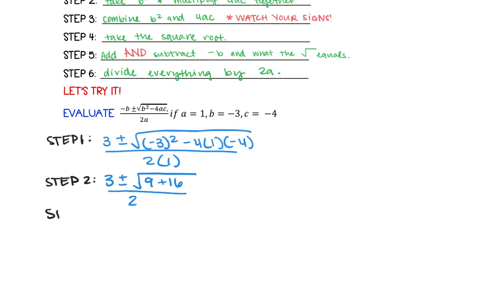All right, step 3. Now we combine b squared and 4ac, making sure that we watch our signs, okay? So we have 3 plus or minus the square root of 25 all over 2. Step 4, you're going to take the square root. And so that gives us 3 plus or minus 5 over 2.